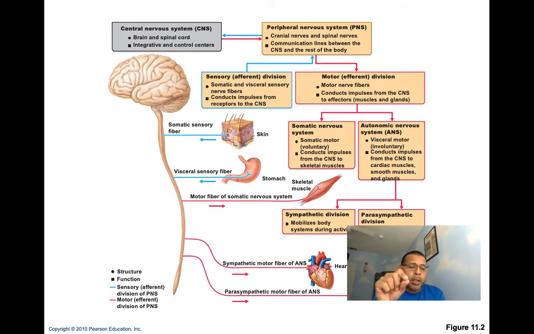Now, let's go back and revisit the same examples with the heart. When you have parasympathetic division activation, heart rate is not going to be increased. It will go back to being what it was at rest. When you talk pupils, you won't have that dilation, you have a constriction.